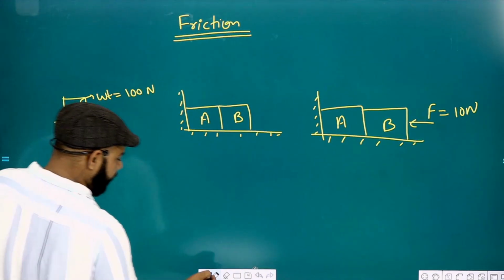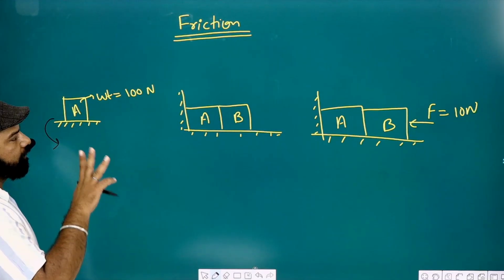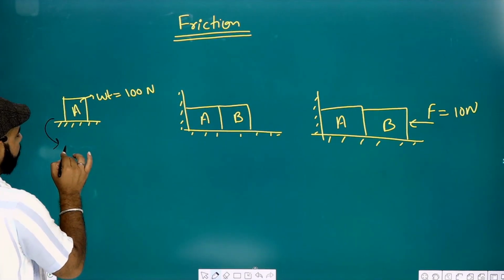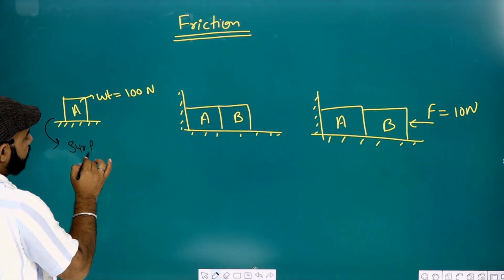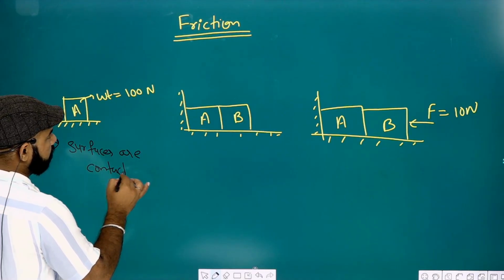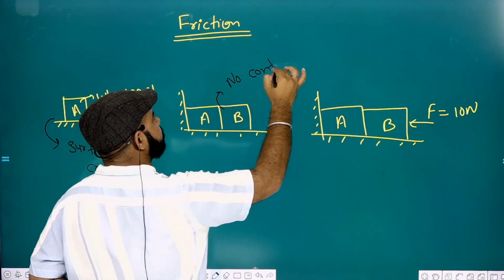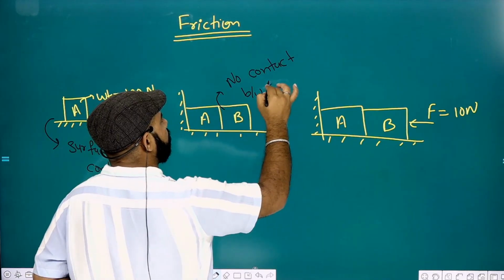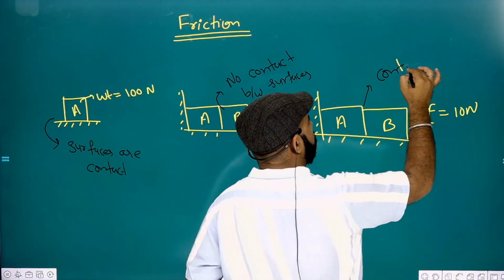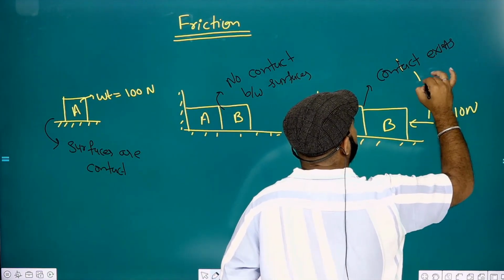So here we can conclude that if there is a force between two surfaces, we can consider those surfaces in contact. Here we will say no contact between surfaces. Here contact exists between surfaces.